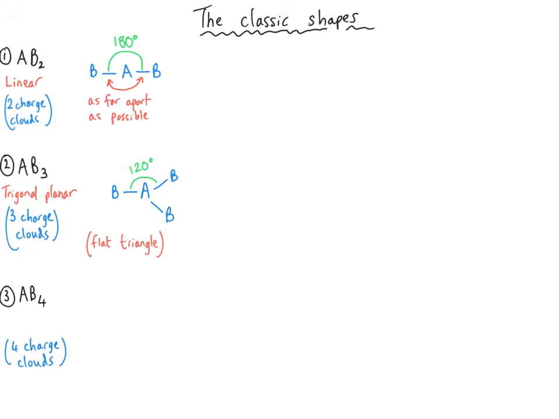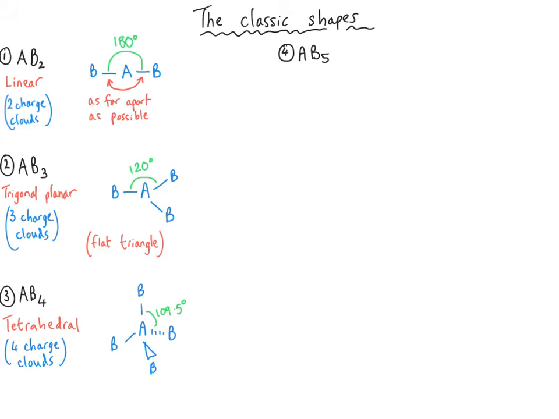But 3-dimensional space is a bit more complicated, and we can actually get 109.5 degrees apart when the bonds are pushed upwards and downwards, so out towards us and into the paper. And this is actually exactly the same shape that I showed you on the previous page. This is the tetrahedral shape, or you would call it a tetrahedron, because you've got 4 corners to this 3-dimensional shape. And so that's for 4 pairs of electrons.